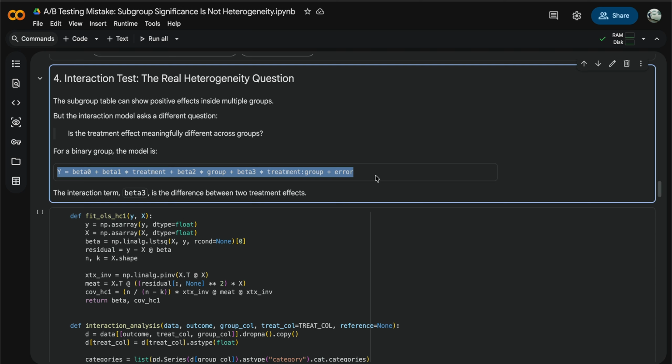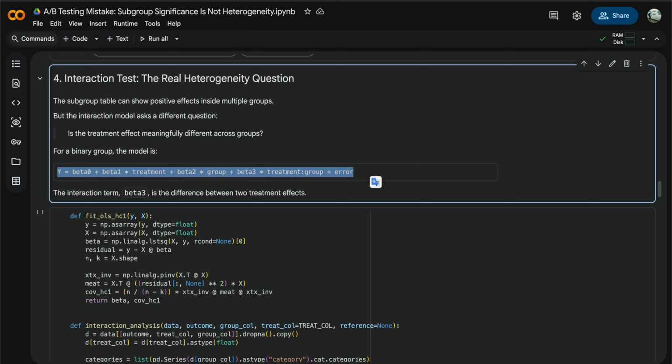In the regression form, we model the outcome as a function of treatment, subgroup, and treatment times the subgroup. The interaction term is the important piece.